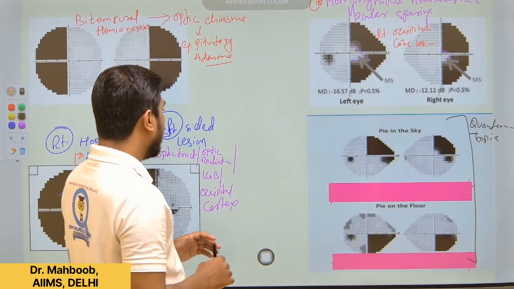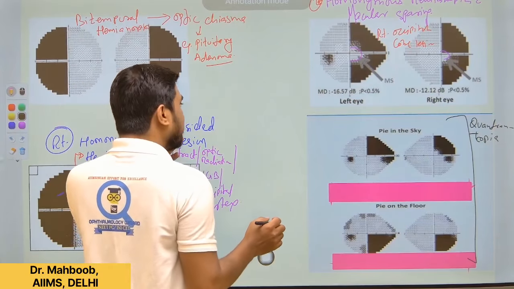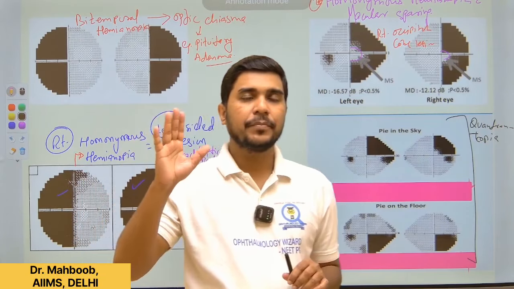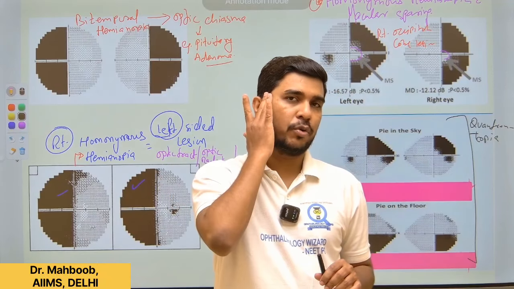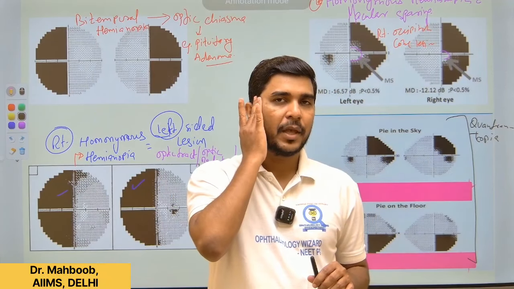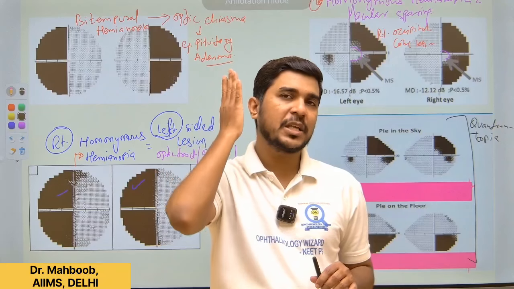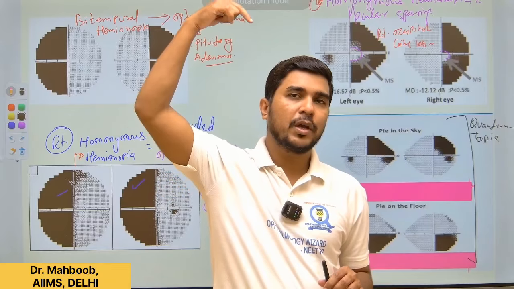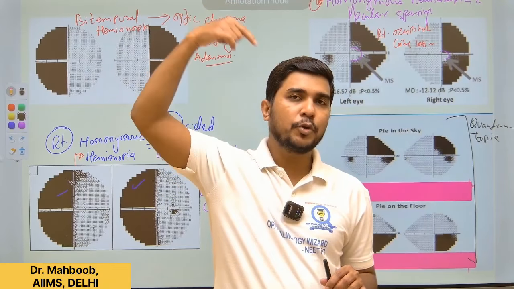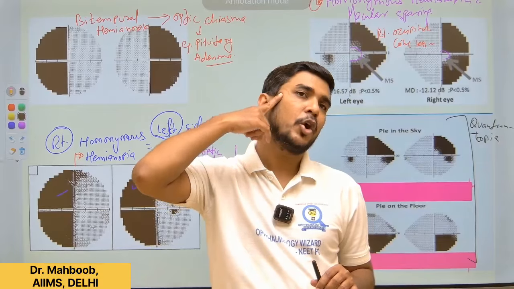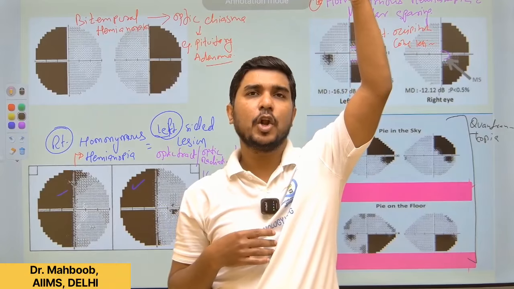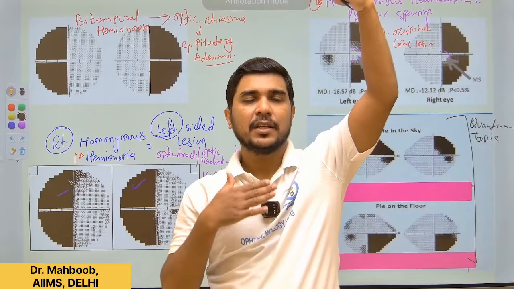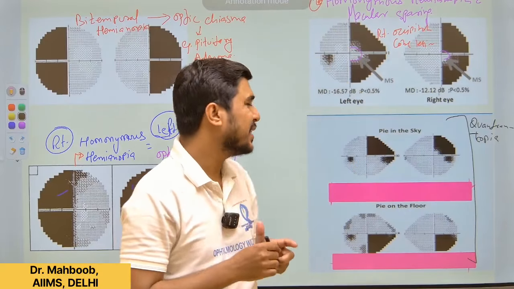Okay, so remember our trick. The trick is very simple. We have the parietal lobe up, occipital lobe down. Parietal lobe up, occipital lobe down. So it is up to below, below to up. When there is a superior visual field loss, that means a lower structure has the lesion.